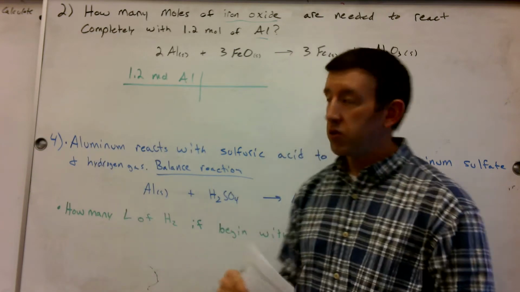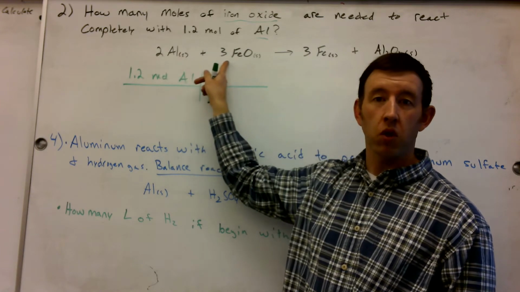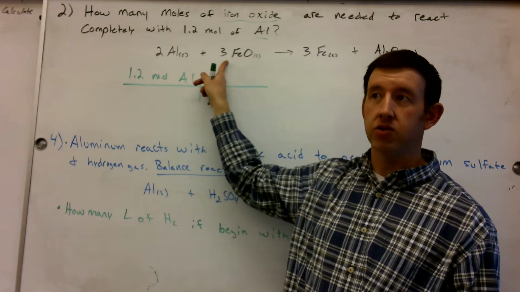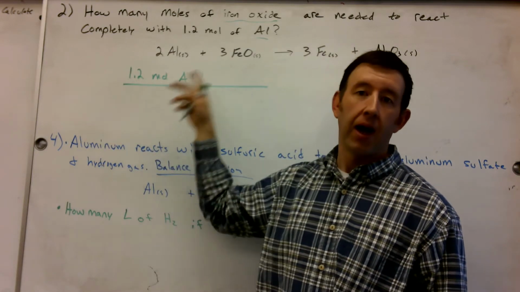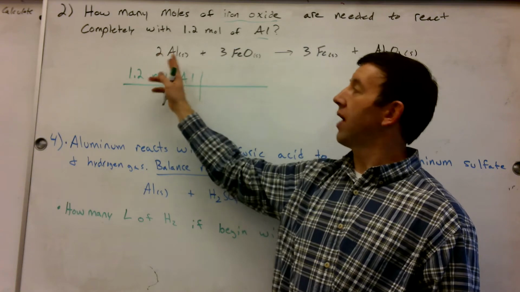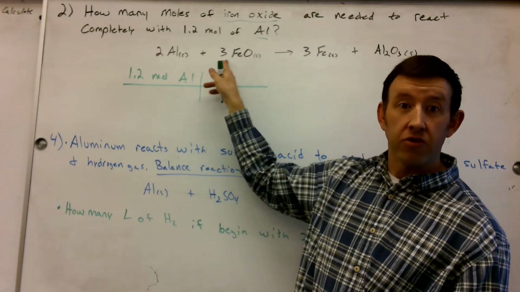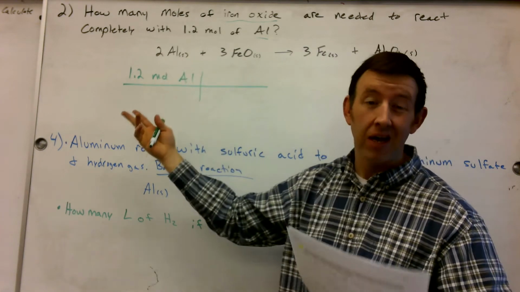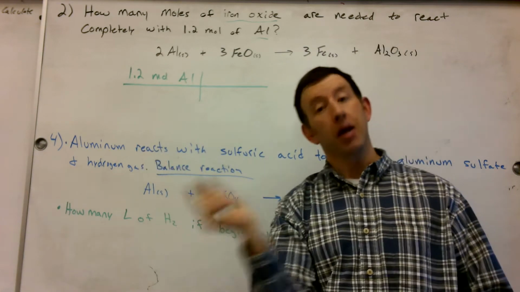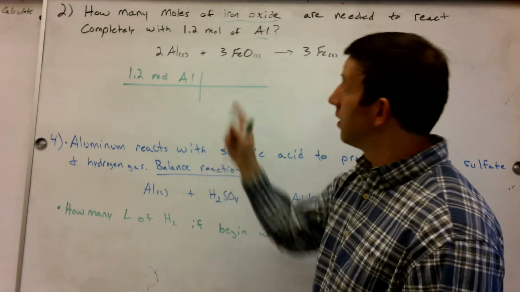But what this means is for every 2 moles of aluminum, I produce 3 moles of iron oxide. So it really doesn't matter how many moles of aluminum I actually have. However much I do have, I'm going to have a 3-to-2 ratio for iron oxide, or 1.5 times as much iron oxide in moles. That's why we have to convert to moles first, okay?